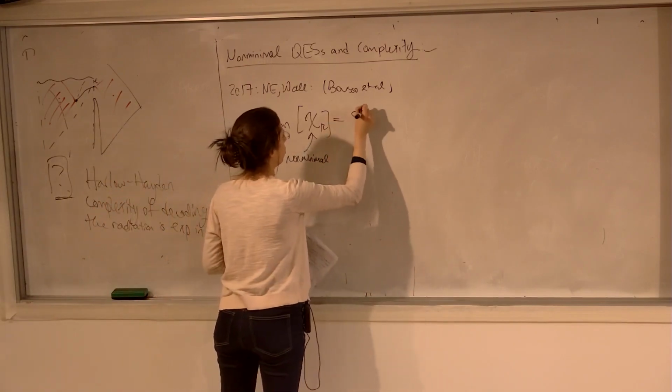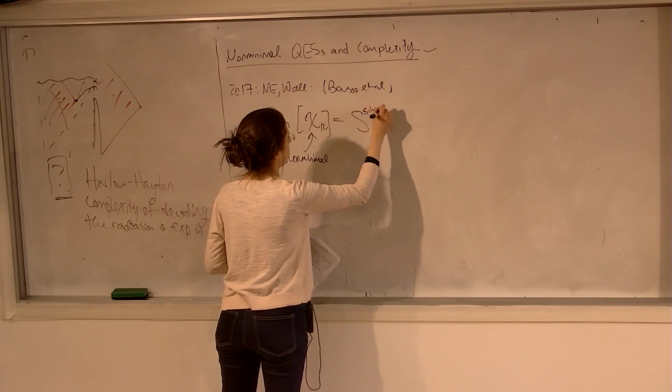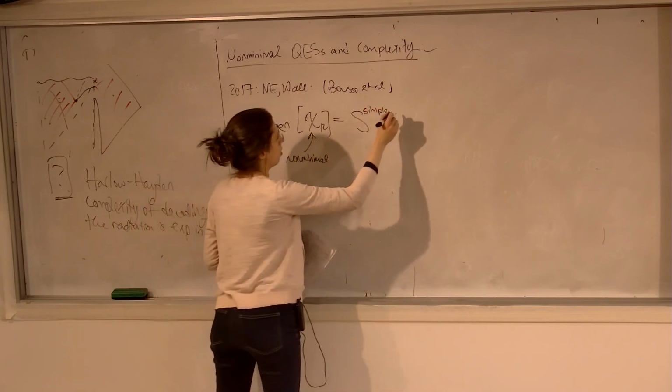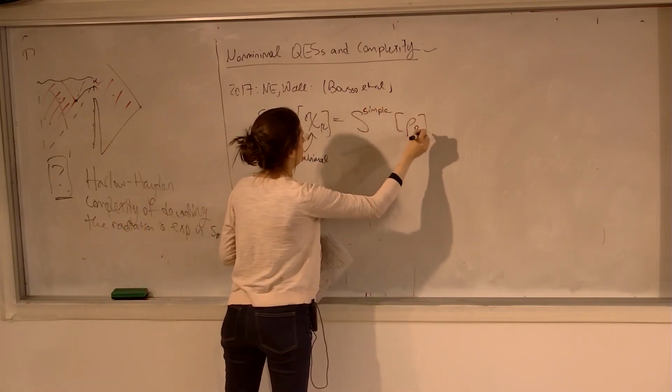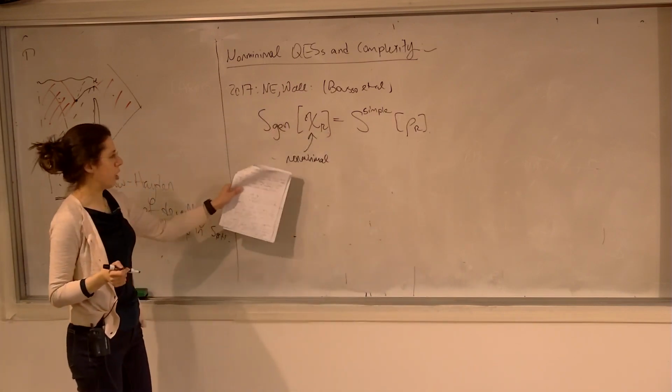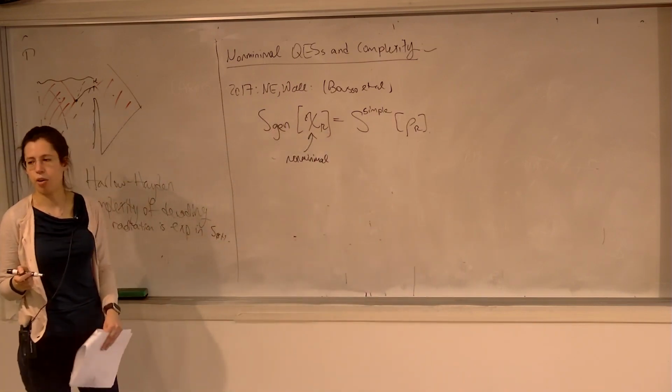It's a coarse-grained entropy that we call the simple entropy, of rho r. Now this is not just any non-minimal quantum extremal surface, it's the outermost one.